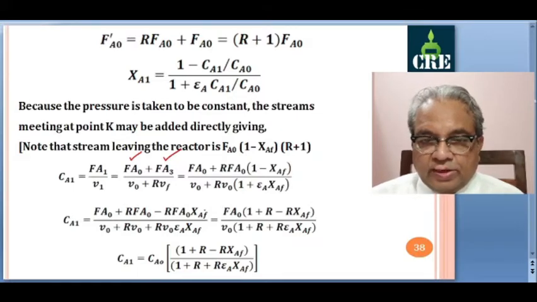So Fa0, if I take common from all the terms, I am left with 1 plus R minus RXAF, and in the denominator 1 plus R epsilon A XAF. Okay, so this Fa0 by V0 is Ca0. So Ca1 can be written as Ca0 into 1 plus R minus RXAF divided by 1 plus R into epsilon A into XAF.